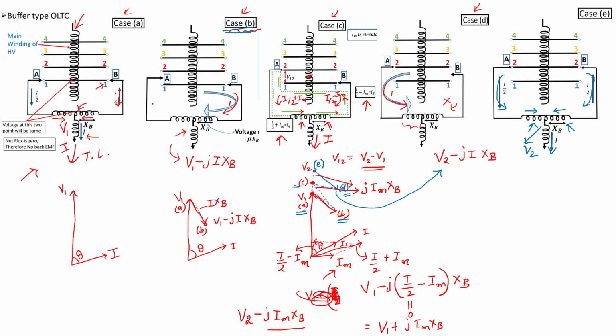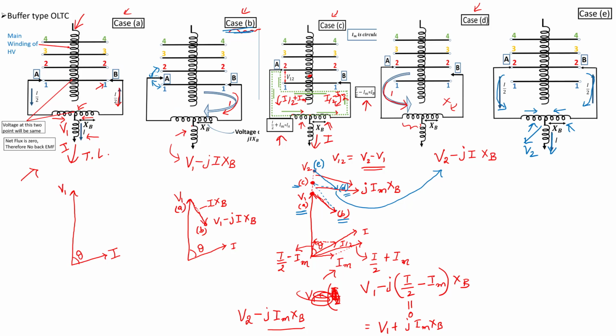Because when you are lifting, if the voltage is higher, there may be an arc. And what is the voltage between A and the approaching tap 2? So the voltage between these two and the voltage between these two are of importance.